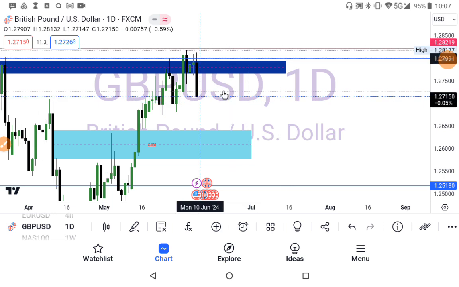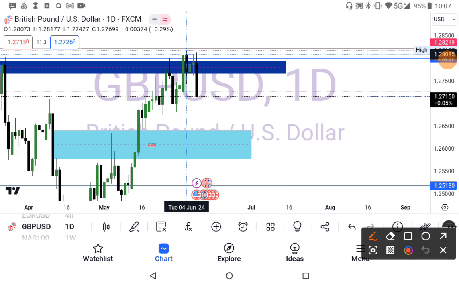But the movement on Tuesday was short. The high of that candle comes in at 1.28177. Is that a coincidence? It's just about three or four pips.